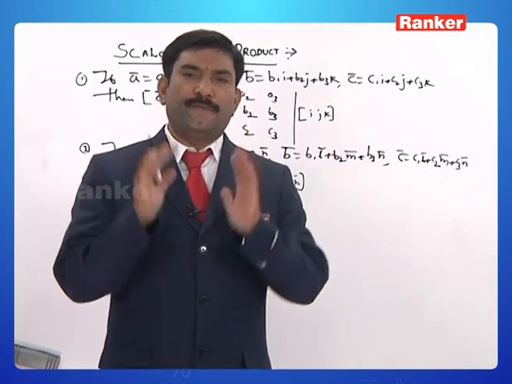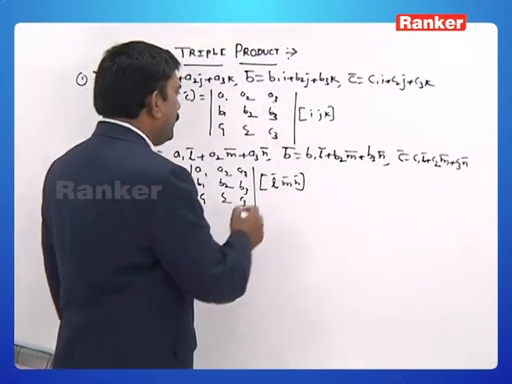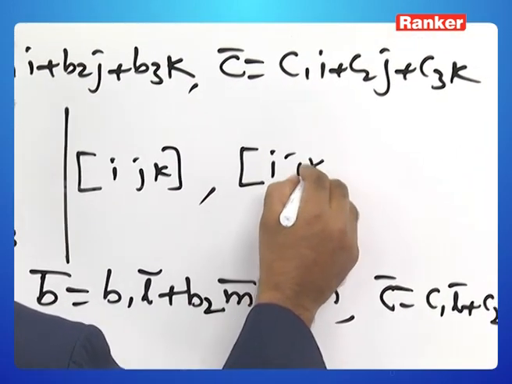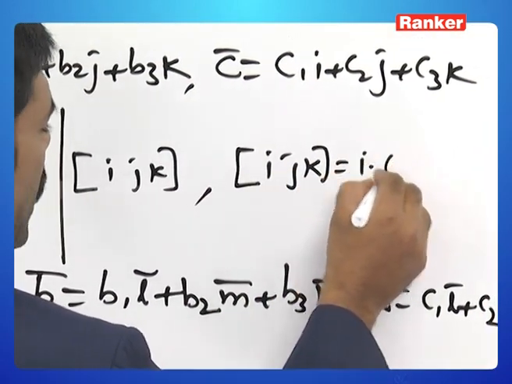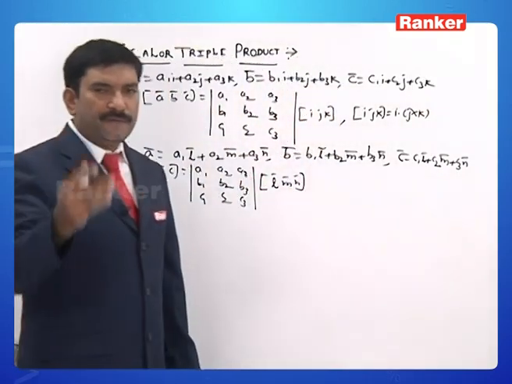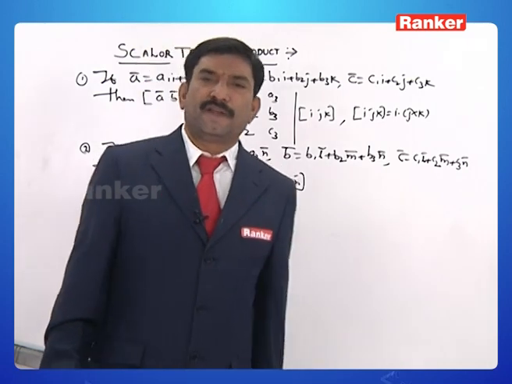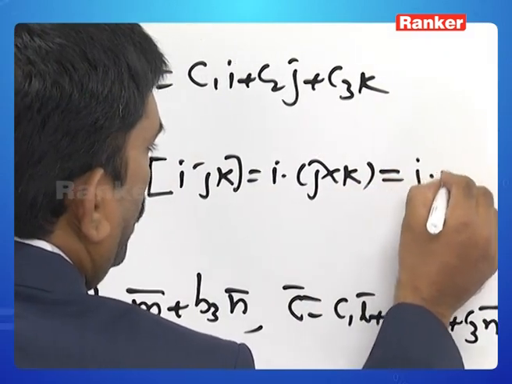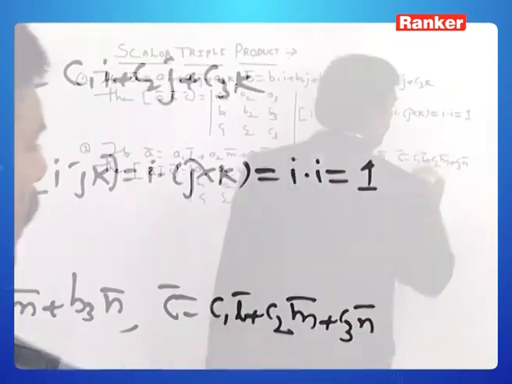How? Why? If I go for this, I can write box of i, j, k as i dot of j cross k. We know it from the definition of cross product. j cross k is equal to i. So i dot i is equal to what? 1.